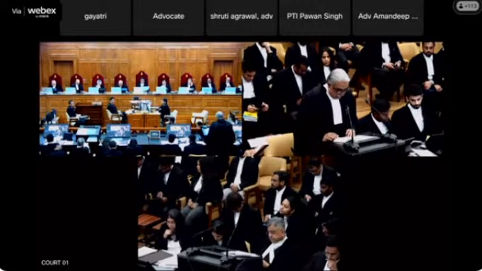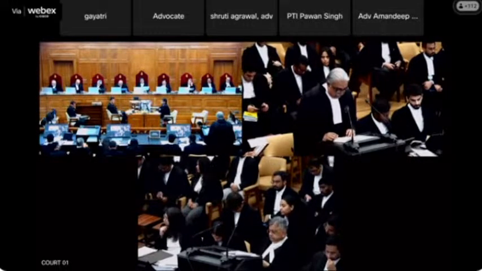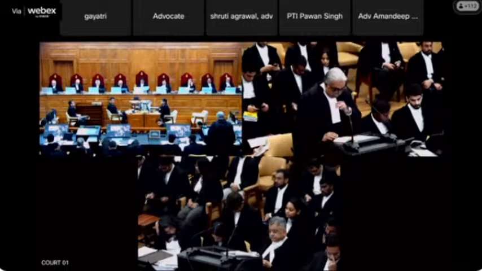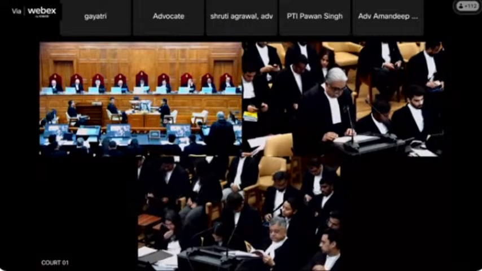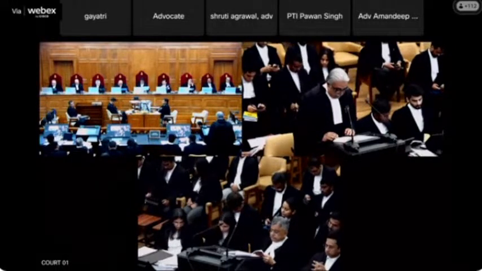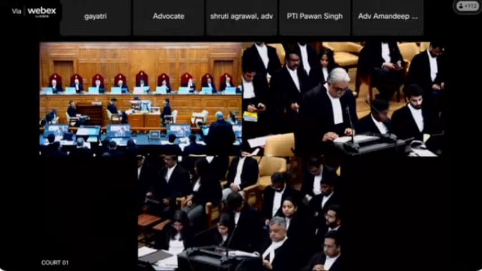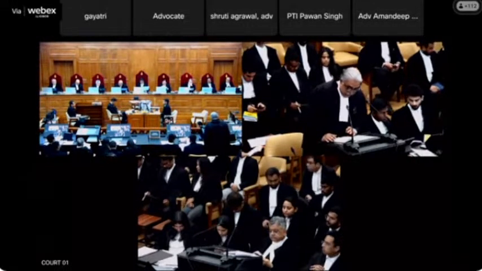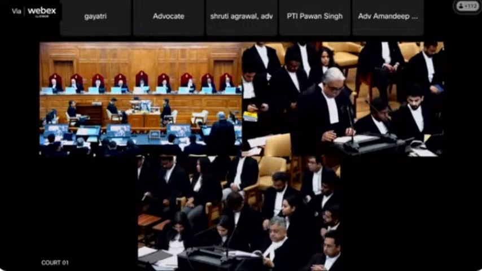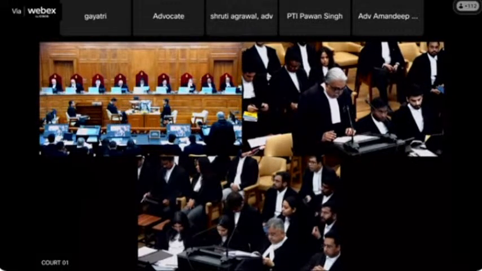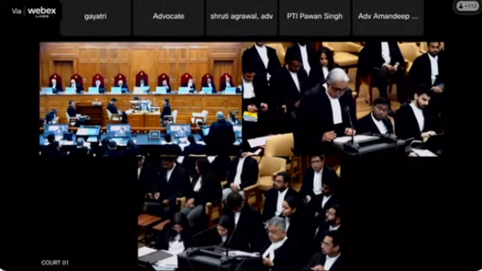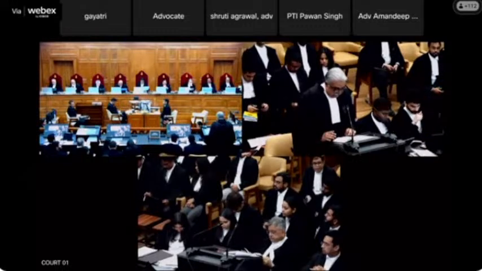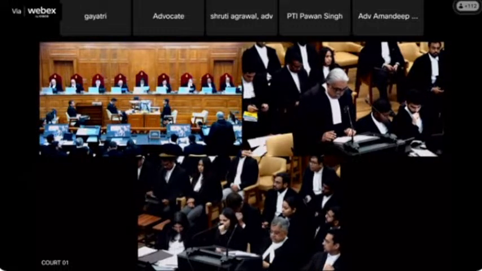Post-production and manufacture, possession, transport, purchase, and sale of intoxicating liquors. Every aspect, my lord, every aspect of manufacture or production of an intoxicating liquor is covered by entry 8.